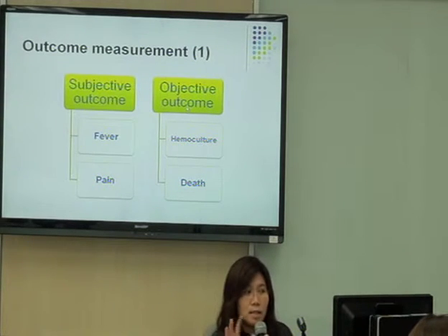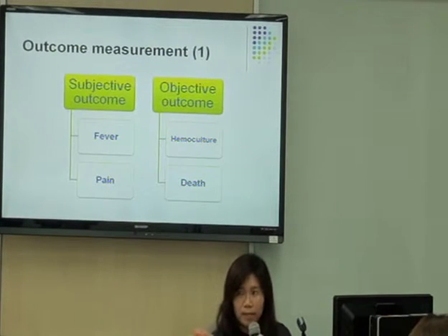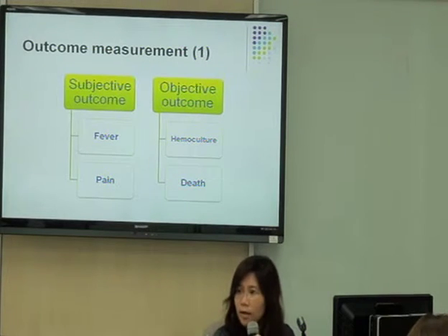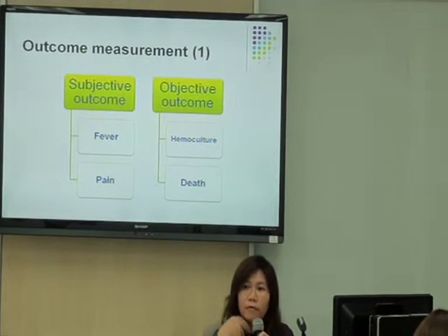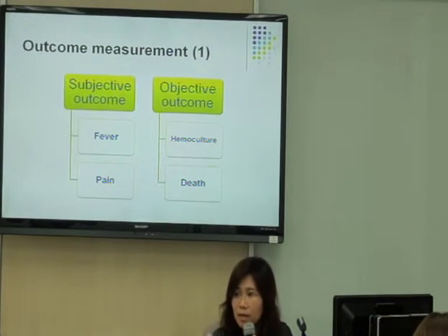And another one is objective. Objective means you can measure it by rigid criteria, not depending on feeling or reporting by people. For example, hemoculture: you use criteria to count how many colonies mean positive.